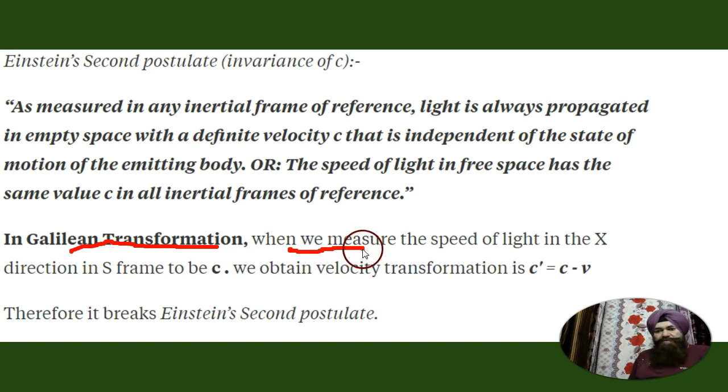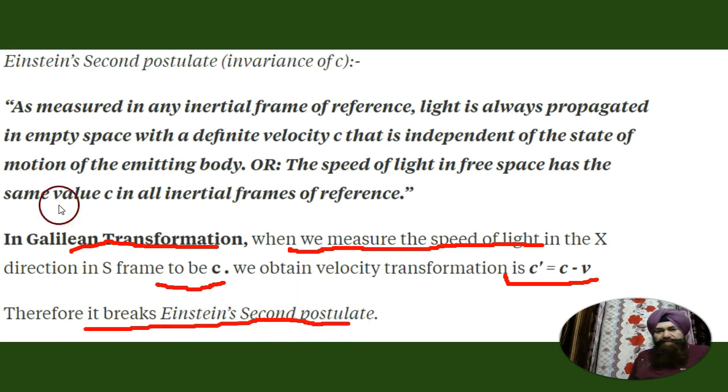Now, if we apply the Galilean transformations for a body which is moving very nearly at the velocity of light, then by Galilean transformation, in one frame the velocity will be c. But if we observe from the other inertial frame, which is moving with respect to the first with velocity v, then the velocity of light will differ in the two frames. As already explained, c dash will be equal to c minus v.